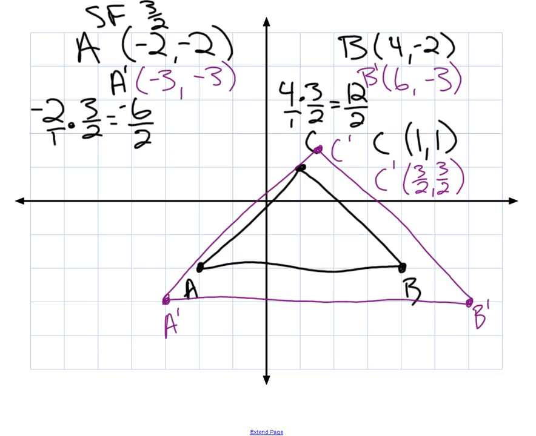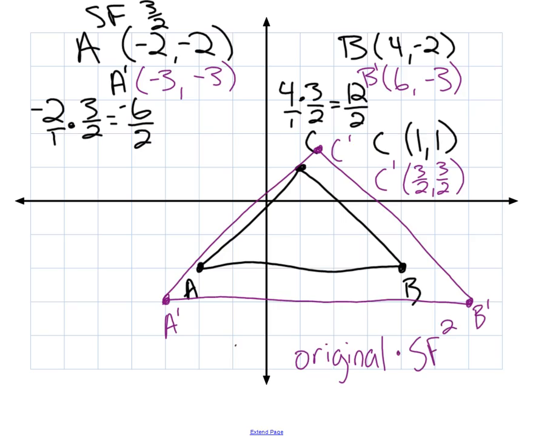How does the area change? It gets bigger by how much? By just the scale factor? It's always the scale factor times itself. So we say the new area is the original times the scale factor squared.